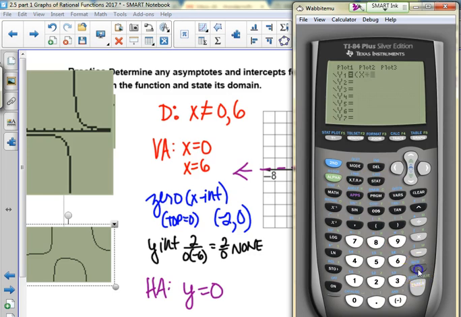What was it, guys? X plus 2 divided by, am I doing it right? X times, what was the other one? Thank you. All right. Yep, that's not. So this is the standard window. Yeah, not so good. I might have tried a zoom decimal or a zoom square.